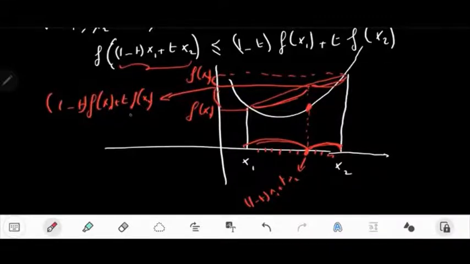So t will define also the same ratio in here. So (1 minus t) f of x1 plus t f of x2 will be this point in here.